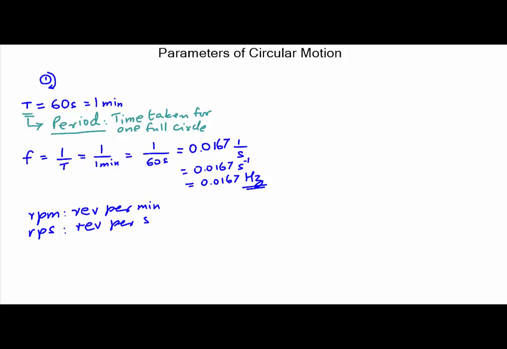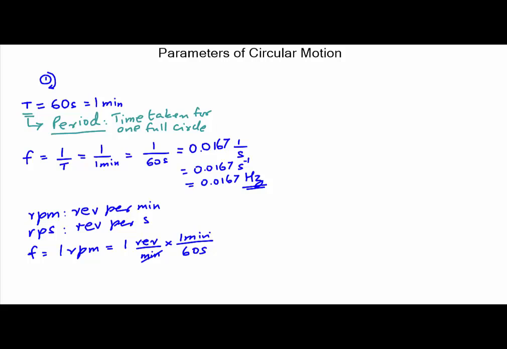So since the second hand makes one full circle in 1 minute, its frequency would simply be 1 RPM. It makes one full revolution per minute of time. And if I want to convert this to revolutions per second, I can use the unit conversion techniques and set this up as revolutions per, remember per was a division, minute, and then I can convert the minute to seconds by multiplying it by 1 minute over 60 seconds.